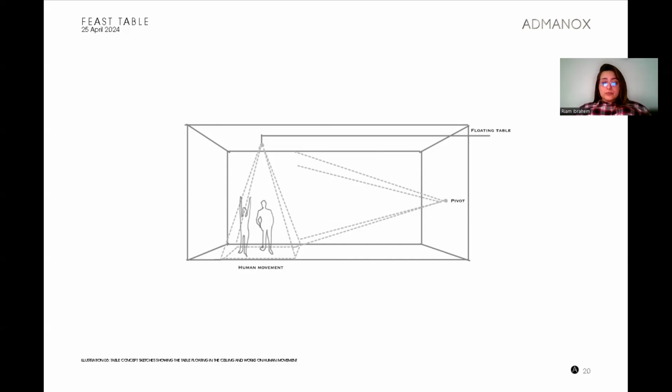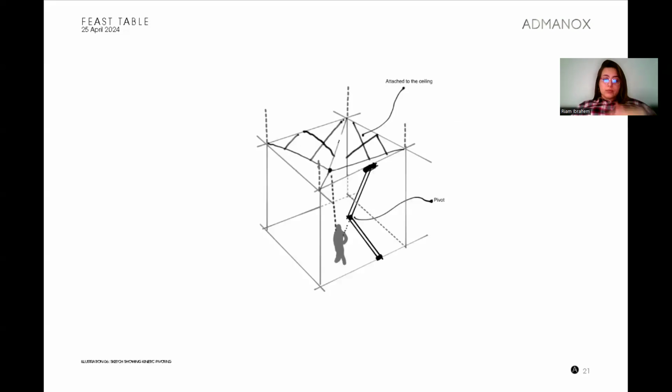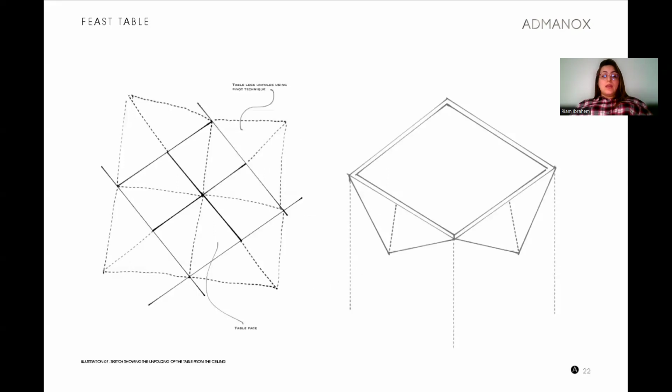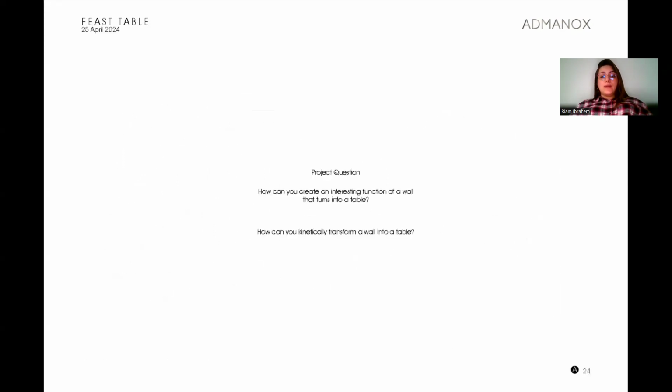I was imagining a floating table coming down from the ceiling, or attached to a ceiling or attached to a wall, and then it unfolds gradually, but then start focusing more on how can you create an interesting function of a wall that turns into a table.